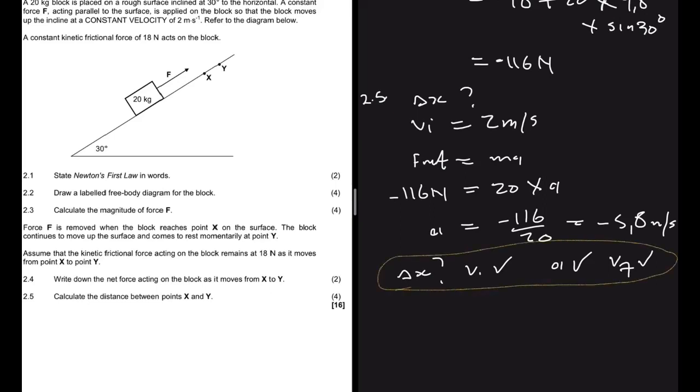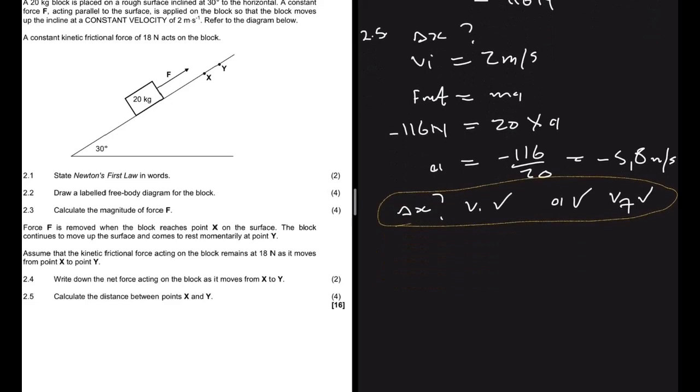Because if we can find an equation of motion that has these 4 variables, then we can use that equation of motion to determine delta X. So we know that that is VF squared equals VI squared plus 2A delta X, or delta Y, whatever axis you're dealing with.